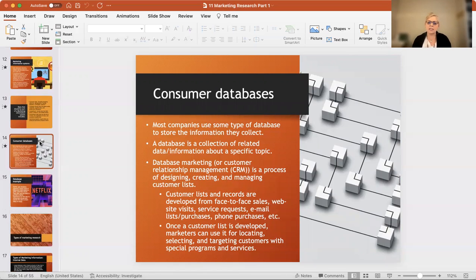Consumer databases. There are consumer databases that exist, and we call these customer relationship management, right? So if I'm gathering information from my customers, say I'm a realtor, I should have all of the customers that I've had over time, because I know traditionally people will buy or sell a home every 5 to 7 years. That's the typical timeline. So I know that when I get to that point, I can start marketing back to them and see where they are.